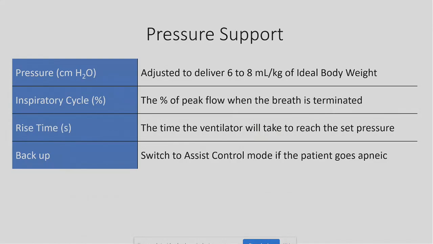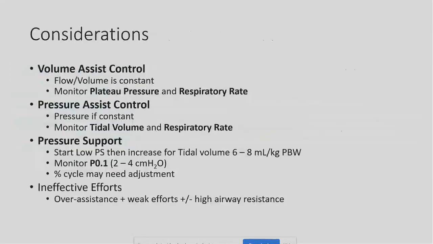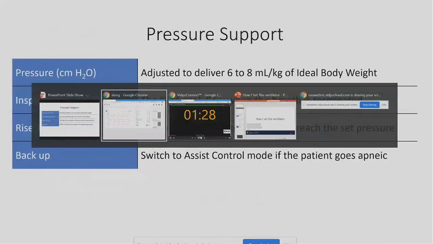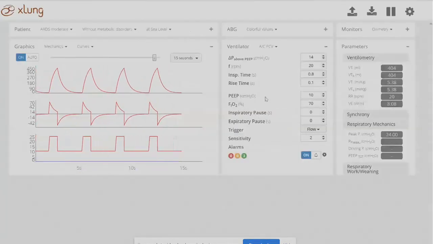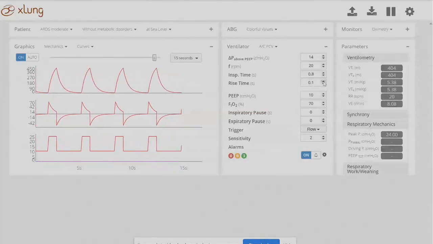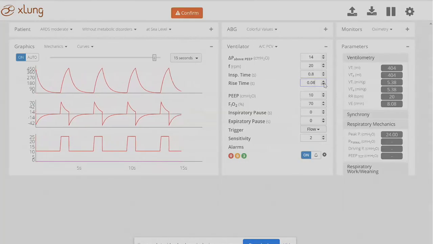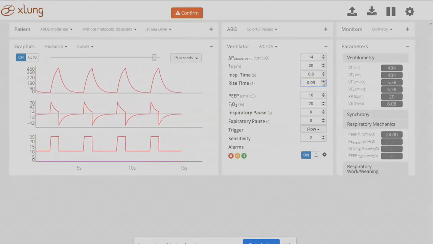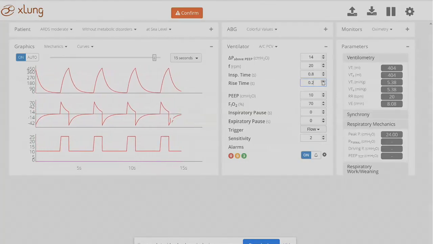And of course, the rise time is just the speed at which the pressure is met. I'll demonstrate that in the next simulation because I missed it on the pressure control one. But here's a rise time here of 0.1. Before I show you pressure support, I'm going to slow it down to 0.2. And you'll see what it does.